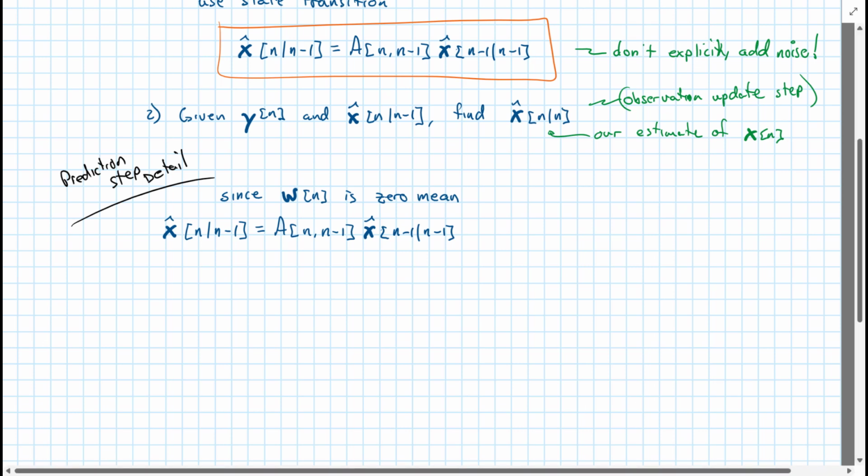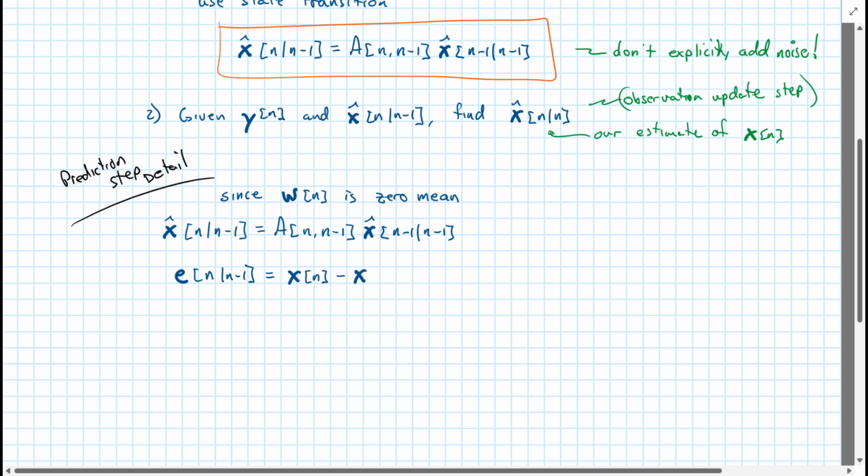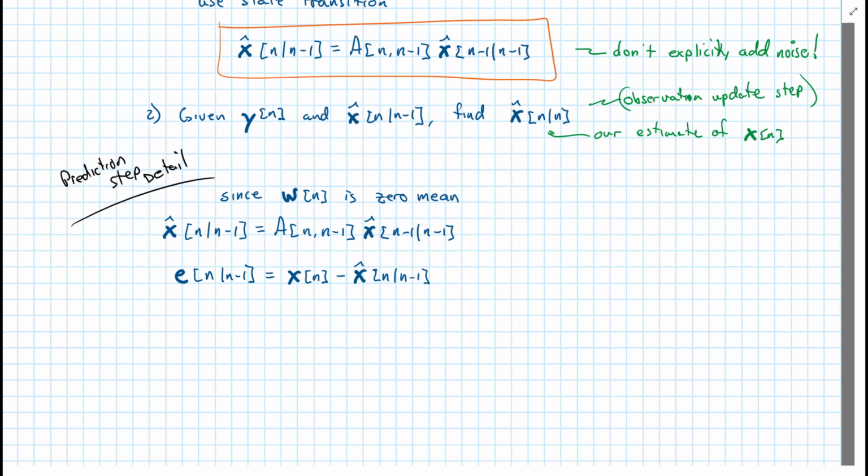That gives us an error, I should say, x of n minus x hat n given n minus 1.